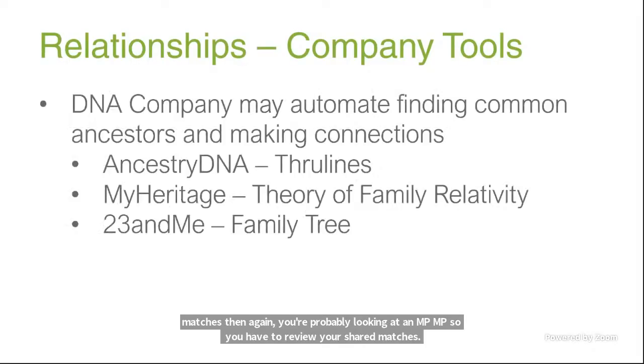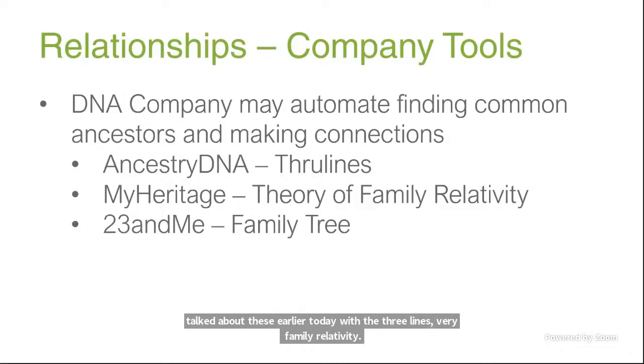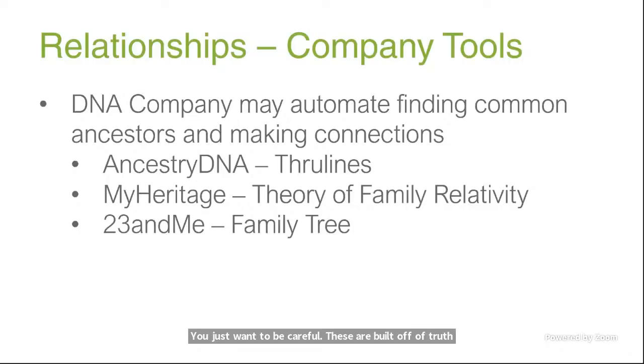Just a quick note, we do have some DNA companies that automate finding the common ancestor. Corey talked about these earlier today with the ThruLines, the Theory of Family Relativity. You just want to be careful. These are built off of trees and they're built off of other people's trees.